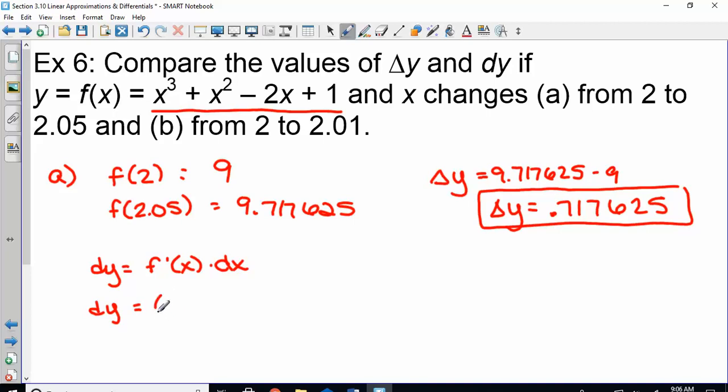So what is f prime? So now we need to plug in. X is your beginning value. So what was the starting x value? 2.